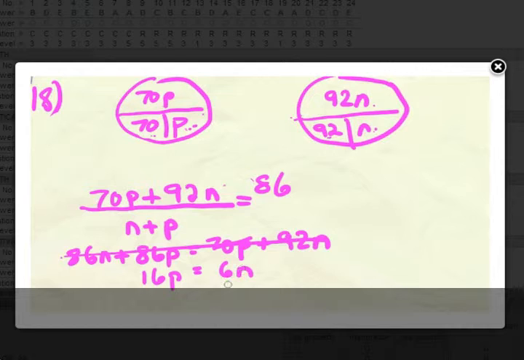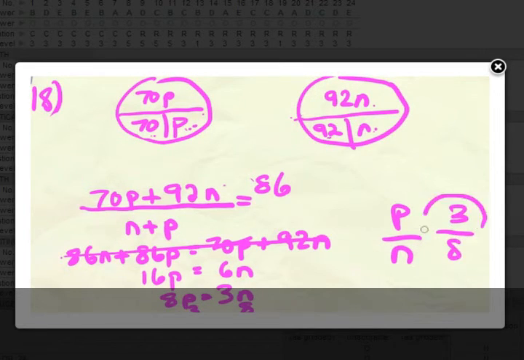So now that we've reduced it, let's reduce it some more. Let's divide each side by 2, and this becomes 8P equals 3N. And we're asked to figure out the value of P over N. So let's just plug in numbers that make this statement true. 8 times 3 equals 3 times 8. So N is 8, P is 3. So P over N would be 3 over 8, which is the correct answer.